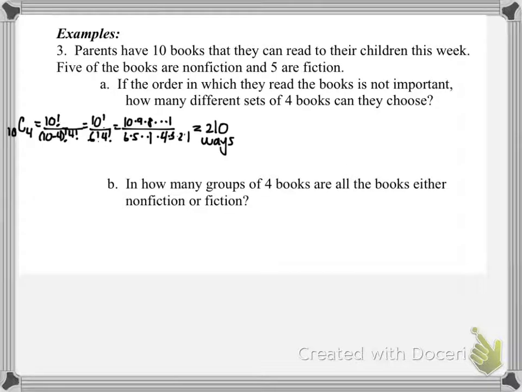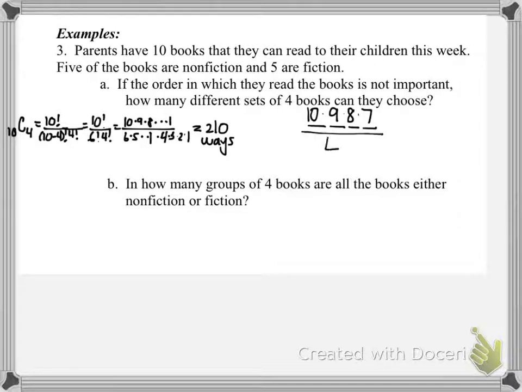But again, we can do this without the formula and set it up a little bit simpler. If you know that you have 4 books to choose, we'll just write 4 spaces there. For the first choice, you have 10 to choose from, so it's 10, then 9, then 8, then 7. Once we have chosen our books, we want to take out all the ways you can rearrange these 4.